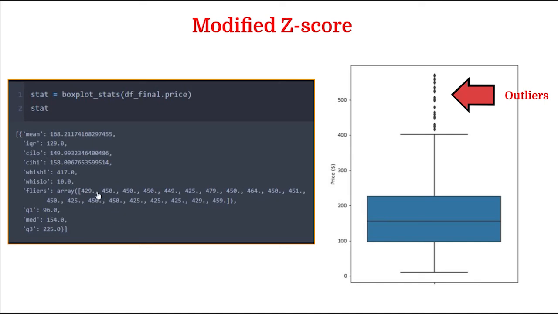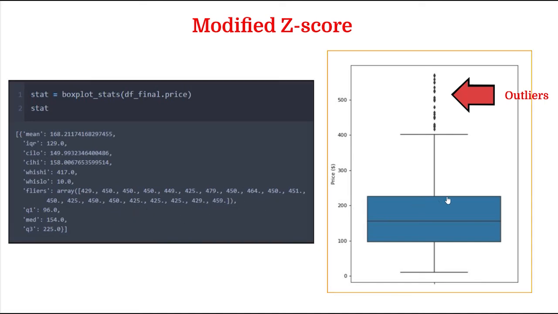We also have the fliers, which are outliers here, and the values are shown here. And the same outliers that we received from z-score are also obtained here in the case of modified z-score. As I said, we don't have any influential outlier in this case to change the result.